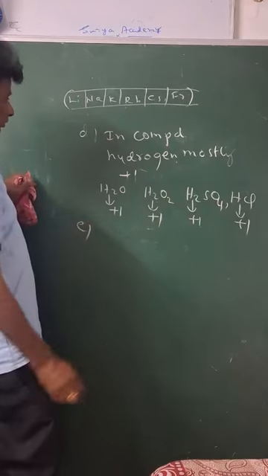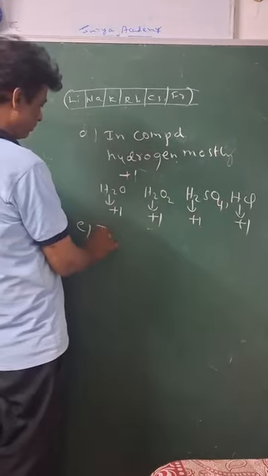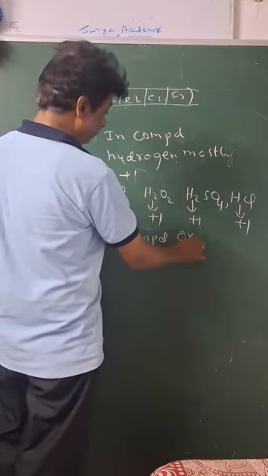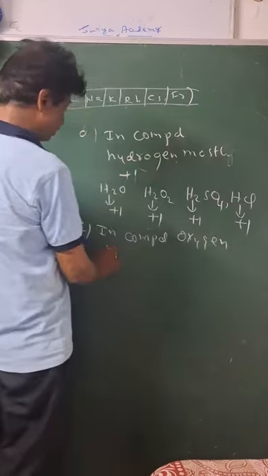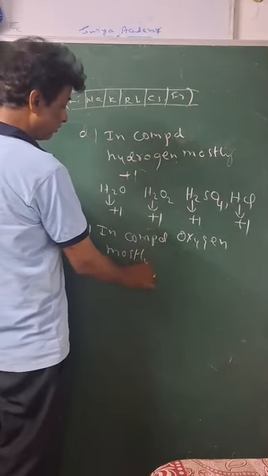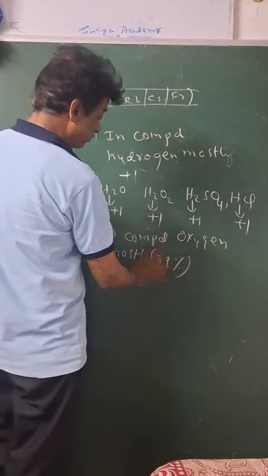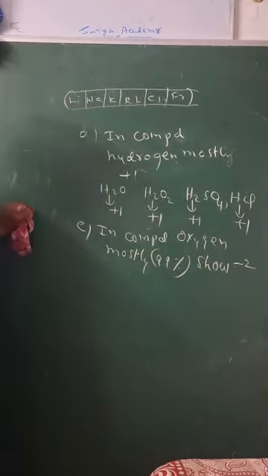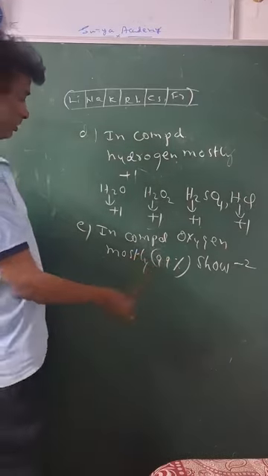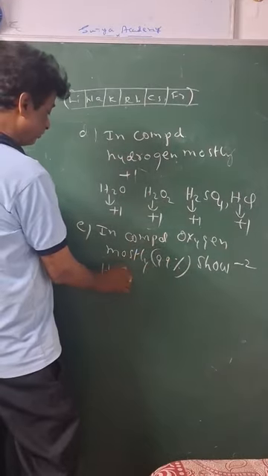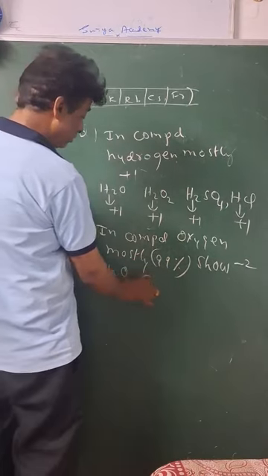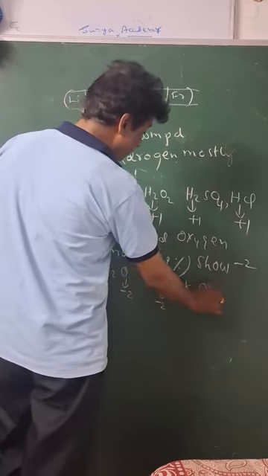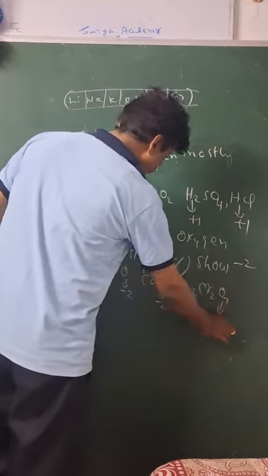Next one. In compounds, oxygen mostly, 99%, shows minus 2 as its oxidation state.